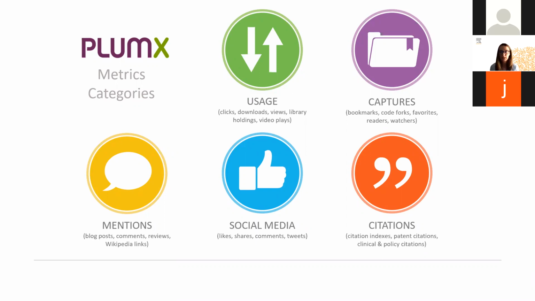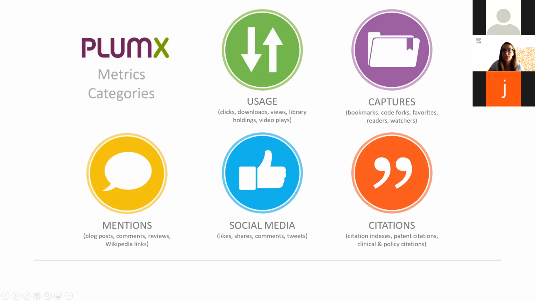The first one is usage. Usage is a way to signal if anyone is reading the research. It's the number one statistic for researchers that want to know, after citations, how many people are really reading their research. So how many clicks, how many downloads, how many views they have.